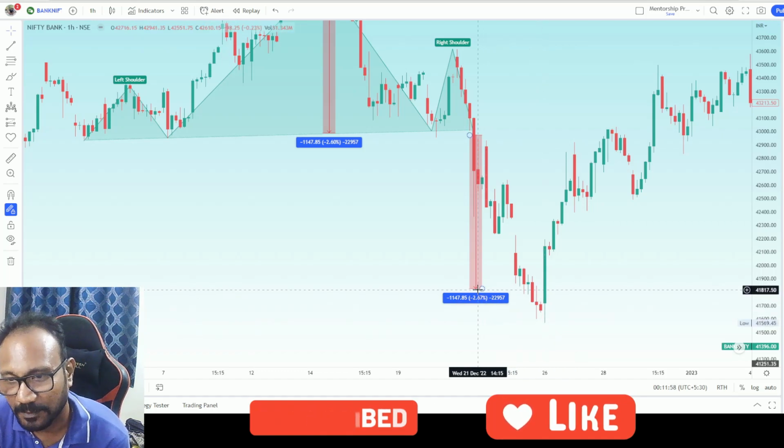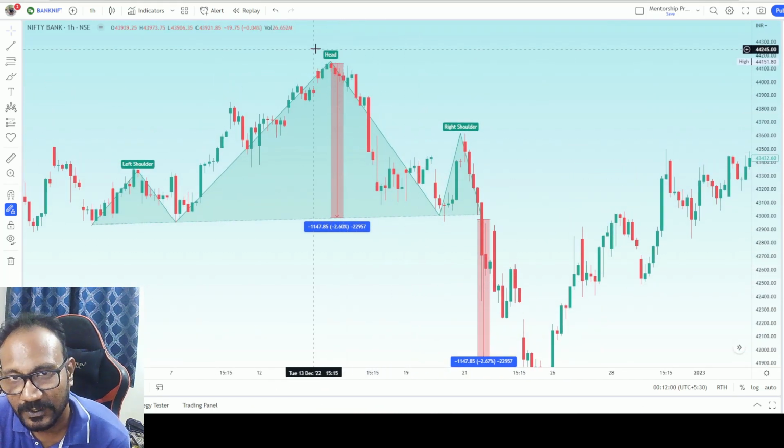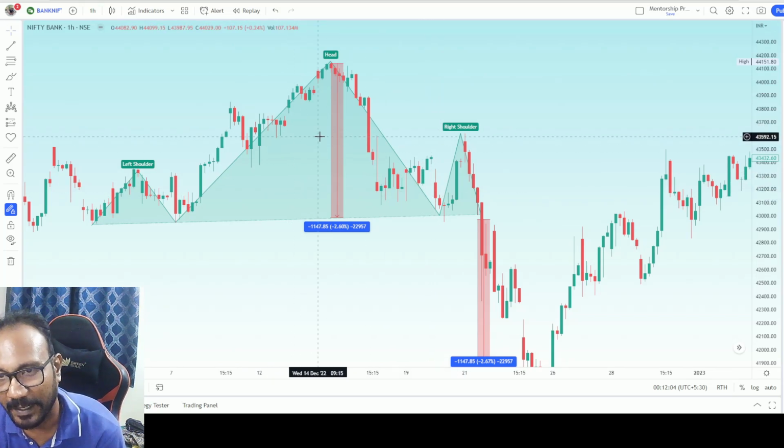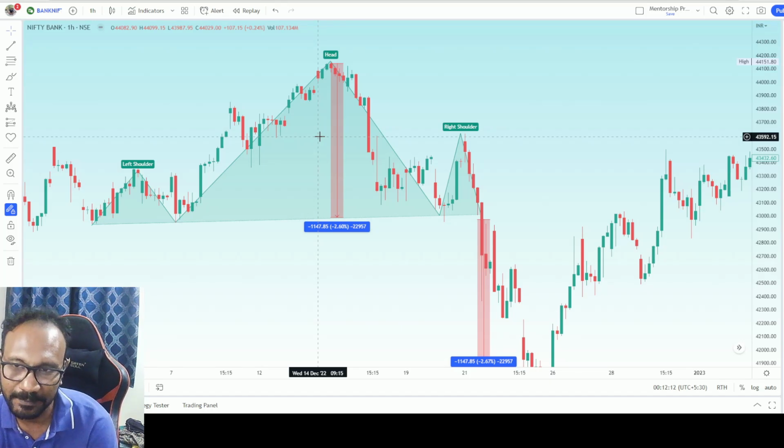But then this is the most realistic target, and you see how well this head and shoulder pattern works time and again. And you will see this happening quite often, almost on a daily basis. If you pay attention, you will be able to spot this particular pattern quite easily, right?